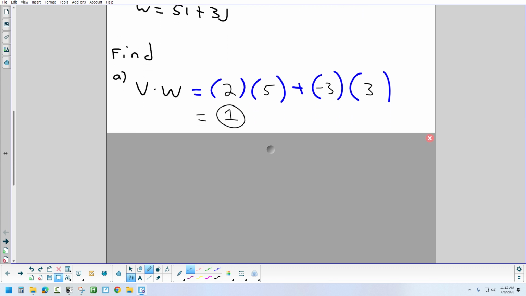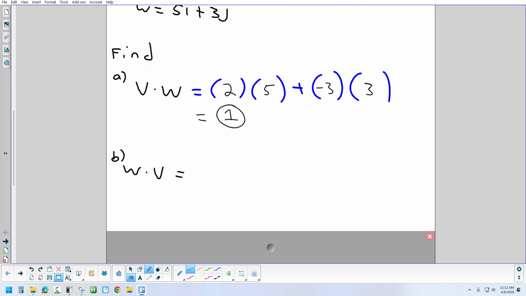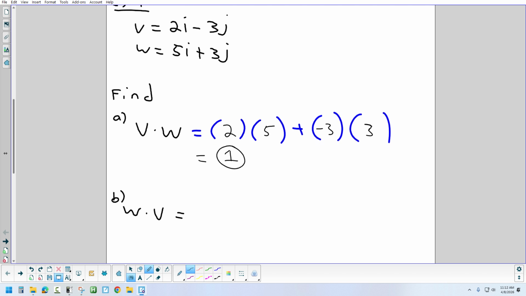Okay, let's try this way. W dot V. What would go in the first two parentheses this time if we do W dot V?